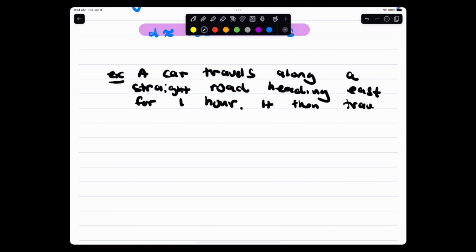It then travels for 30 minutes in a northeast direction.